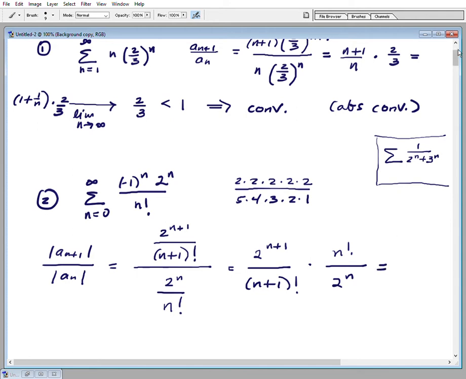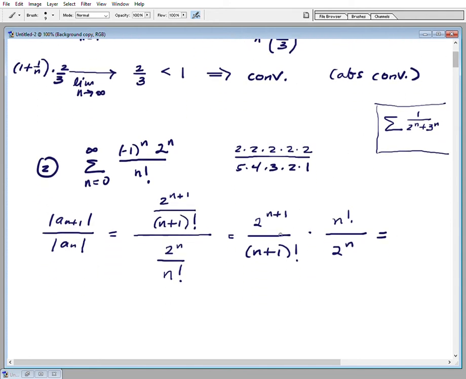Usually you have a lot of canceling with the ratio test. So we'll rearrange this and put the powers of 2 in one fraction. Here we just have the number 2. And here we have n factorial divided by n plus 1 factorial.